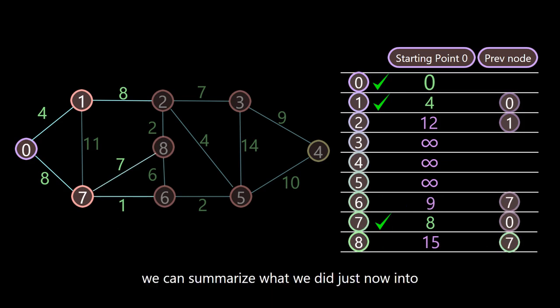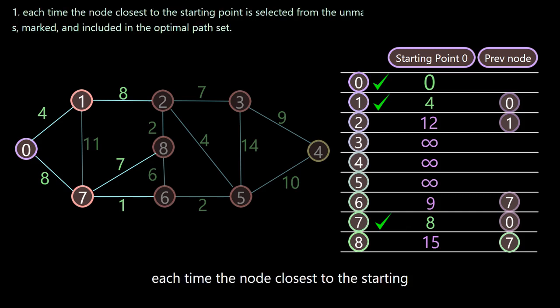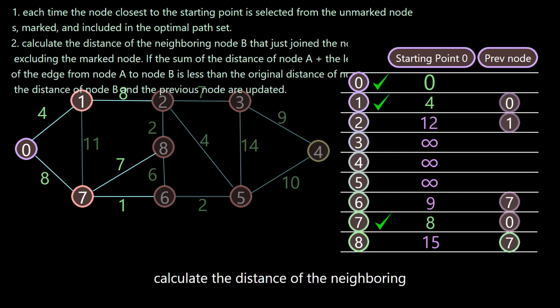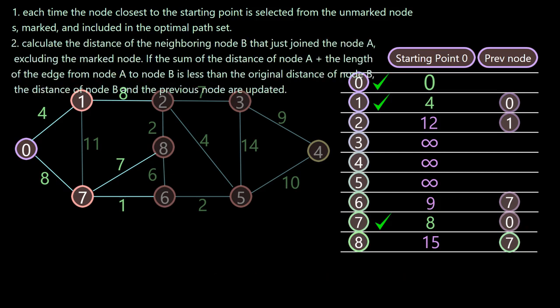By analogy, we can summarize what we did just now into two steps. First, each time the node closest to the starting point is selected from the unmarked nodes, marked and included in the optimal path set. Second, calculate the distance of the neighboring node B of the node A that just joined, excluding the marked nodes.